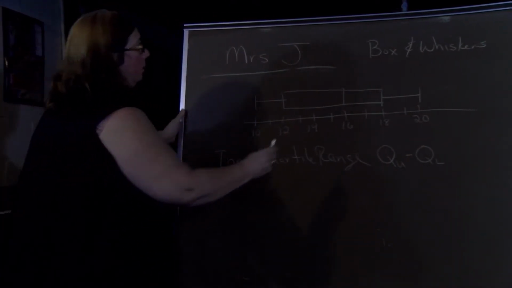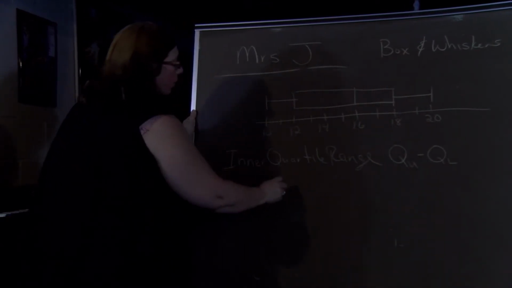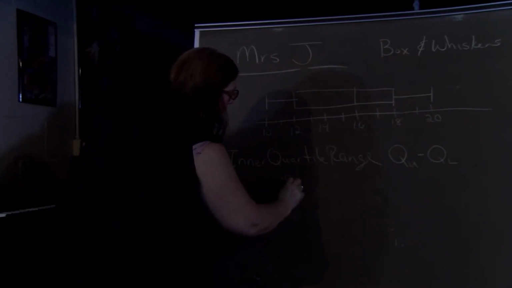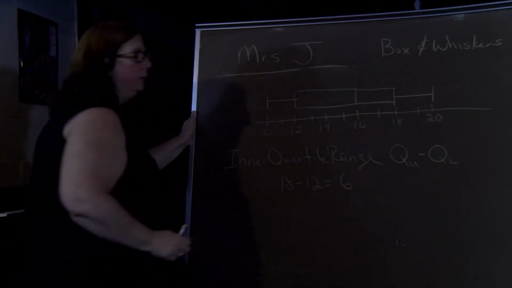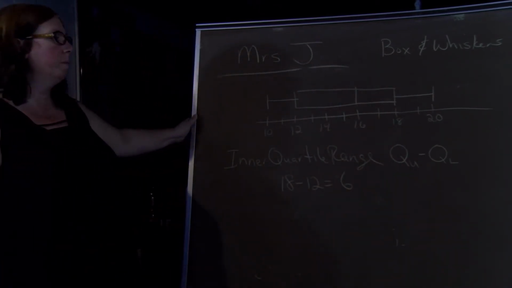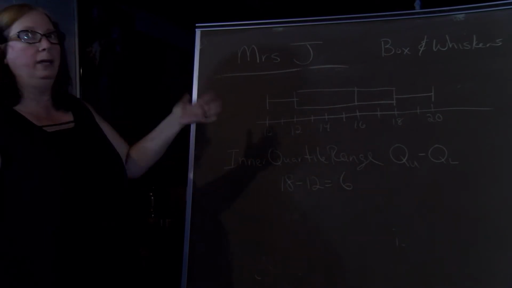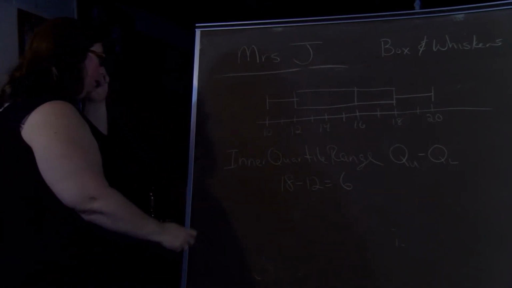So in this case, our quartile is 18 minus 12, which is 6. So that's our interquartile range. The reason you want this, it can help you find outliers.